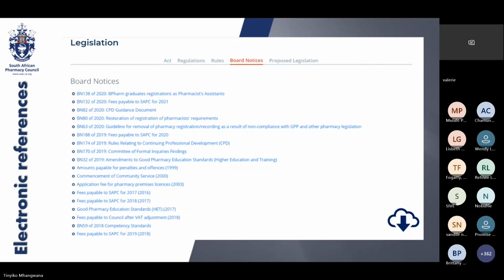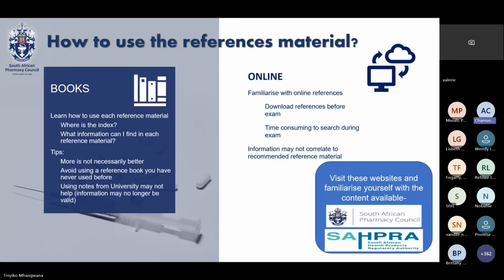So how do you use the reference material? It is important that before the actual exam, you have familiarized yourself with the reference material that you're going to use. So if it's going to be the Martindale, you have made sure that you understand what sort of information you are able to find within the text and how you locate the relevant information.